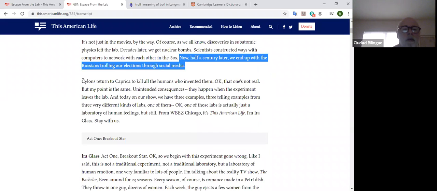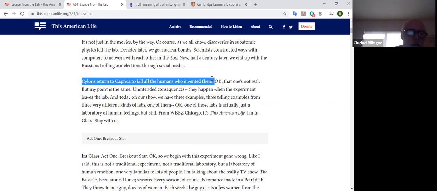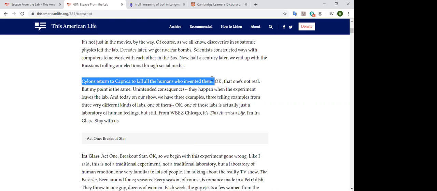Marco, this sentence. Cylons returned to Caprica to kill all the humans who invented them. What returns to Caprica to kill all the humans who invented them? Cylon does.